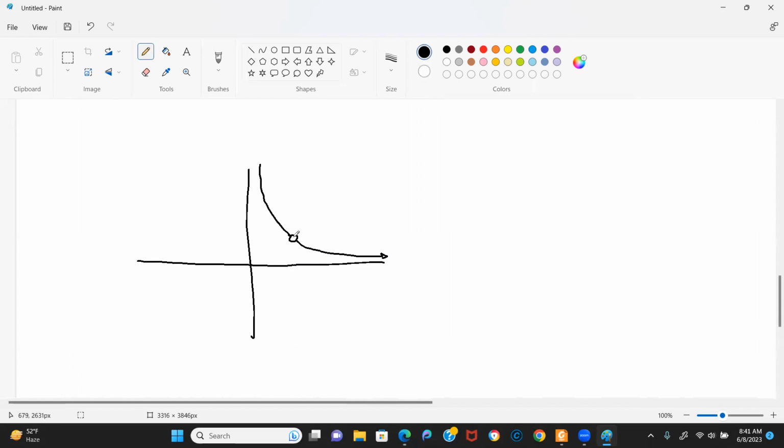And what that means is that because the function is not defined at 1 comma 1, this is what's called a removable discontinuity.